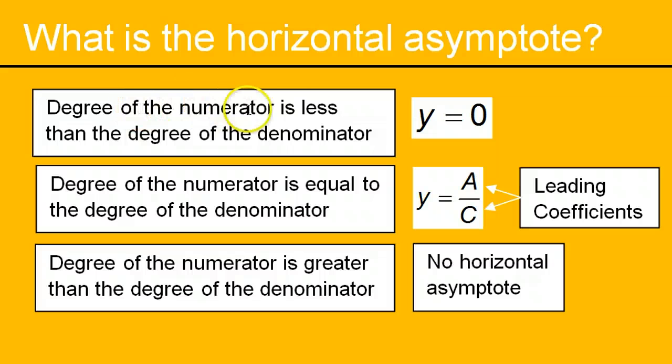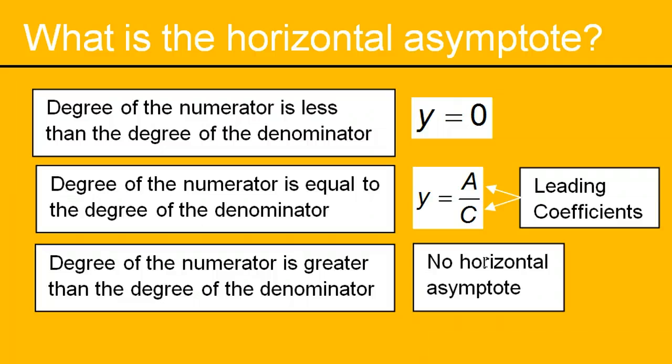If the degree of the numerator is less than the denominator, then y equals 0 is the asymptote. If the degrees are equal, then my horizontal asymptote will be y equals a over c, where a and c are the leading coefficients. If the degree of the numerator is greater, then there is no horizontal asymptote.